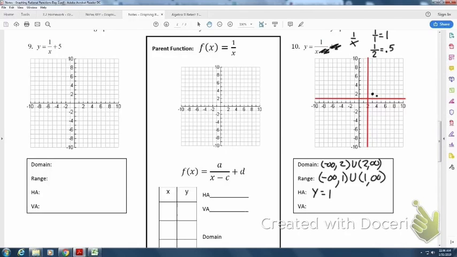So right 2, up 0.5. If I go to the right 1/2, 1 divided by 1/2 is 2. So I'll go right 1/2, up 2. Alright? So all we're putting in for x is the distance that you're going to the right.